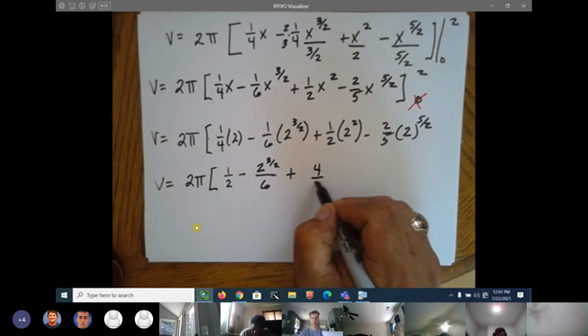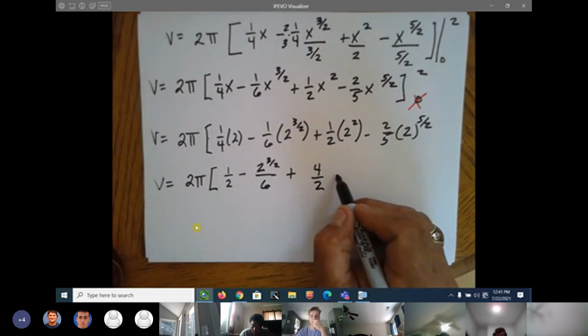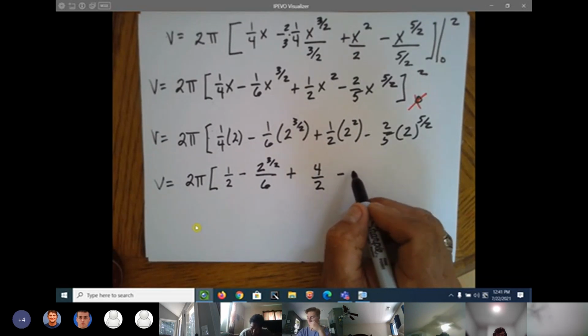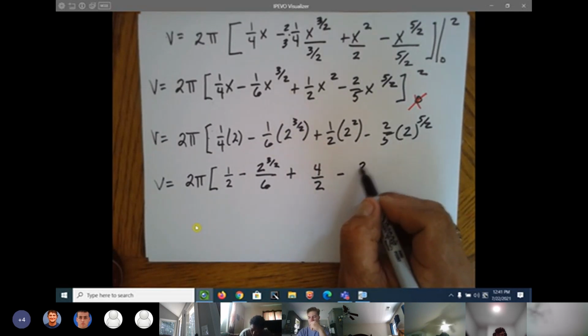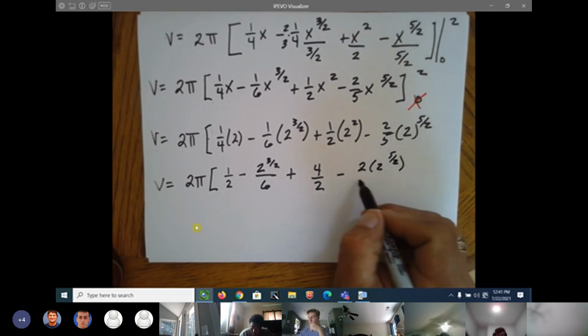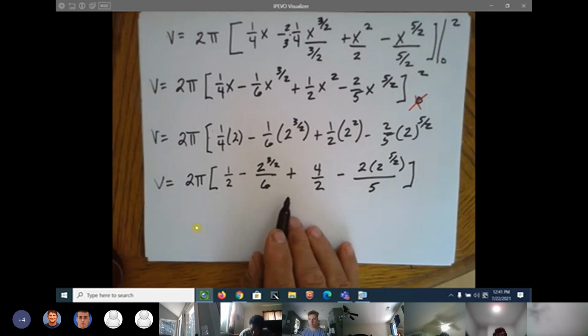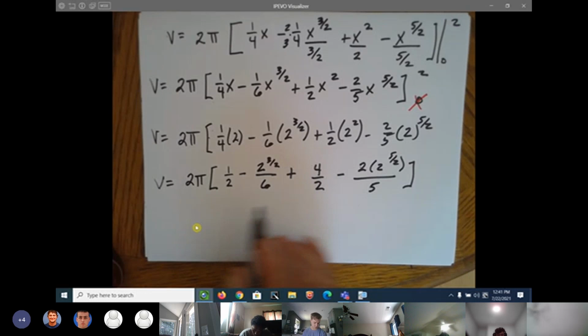I'm going to leave it as 4/2 for common denominator reasons. Minus 2 times 2 to the 5/2 over 5. And the common denominator looks like it's going to be 30.